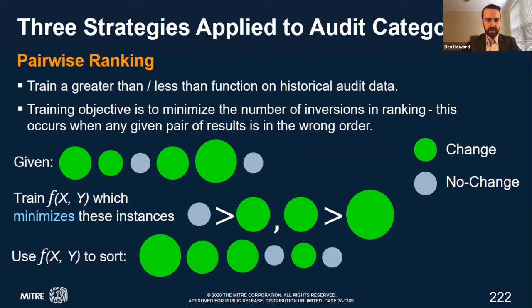Once this function is trained, we use it to sort the entire new data set. In this example, we point out that ranking won't be perfect, and no changes will sometimes be ranked above changes, and changes of lower noncompliance will end up ranked above changes with higher noncompliance, but we do expect the resulting ranking to be better than random and somewhat indicative of noncompliance.